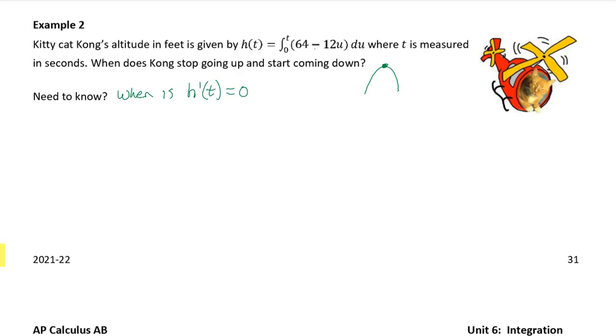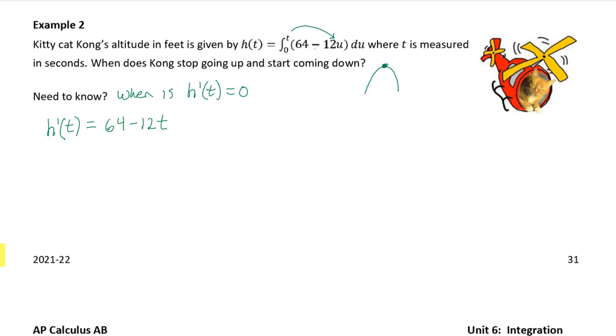How do I find h prime? Well, we're going to use the second fundamental theorem of calculus. h prime of t is equal to, and remember, all I do is take that variable and substitute it for the variable in the equation. That's going to be 64 minus 12t. Remember, I'm not doing an antiderivative right now.